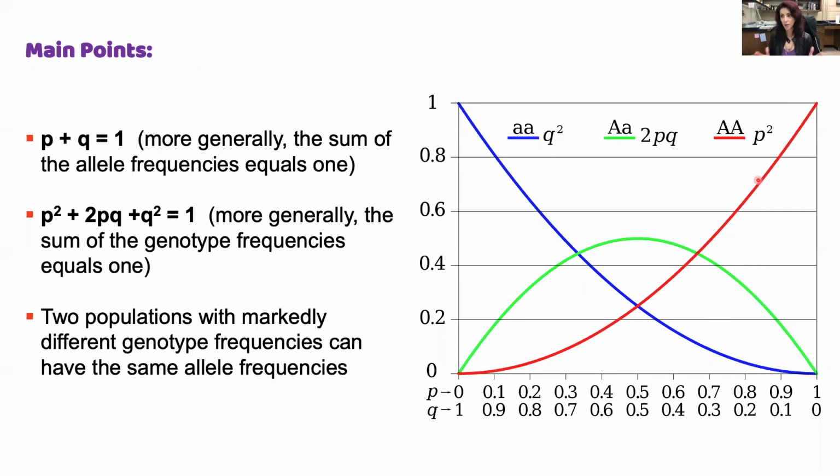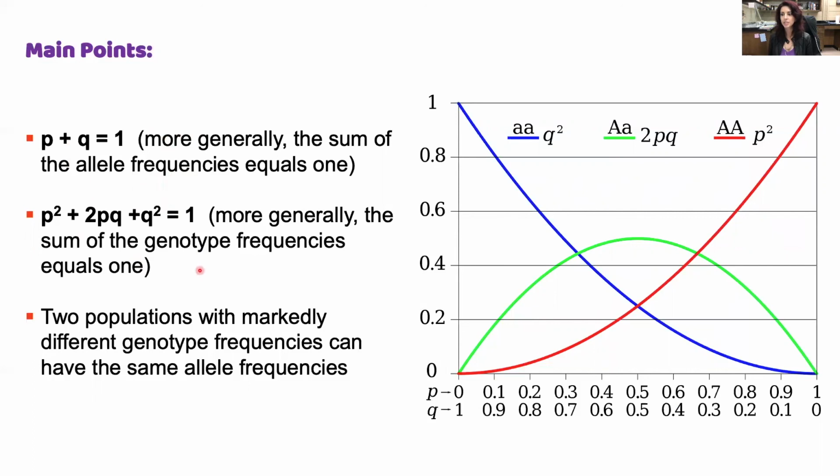The main point of all of this is that P plus Q equals 1. So more generally, the sum of the allele frequencies equals 1. P squared plus 2PQ plus Q squared equals 1. In other words, the sum of the genotype frequencies equals 1. So here we're dealing with allele frequencies.